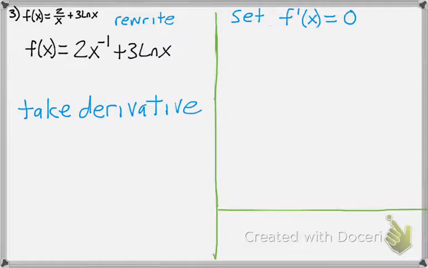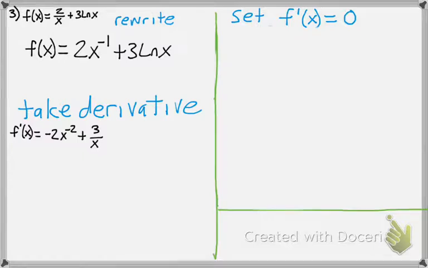So then when I actually take the derivative, then f prime is going to be equal to negative 2x to the negative 2 plus 3 over x. Now, I do want to set this equal to 0 to find my critical points, but before I do that, I actually want to combine these terms.